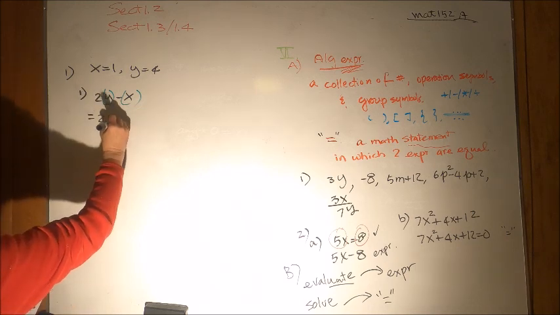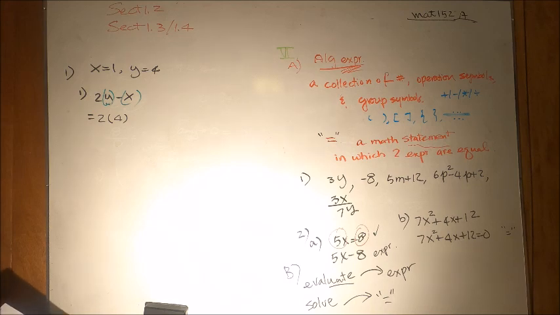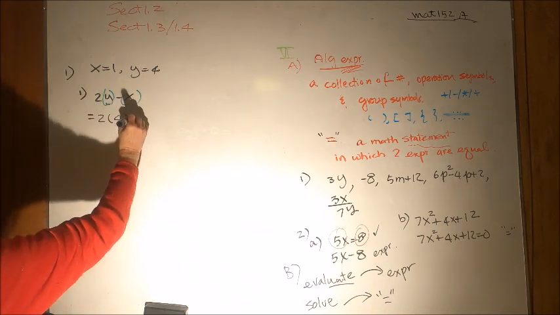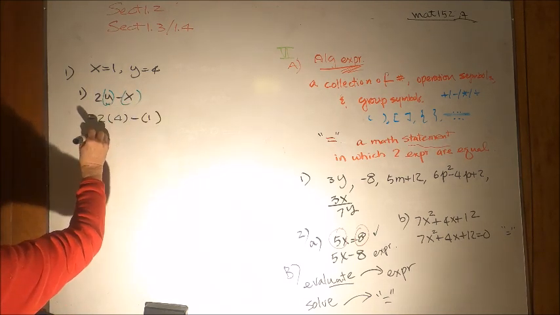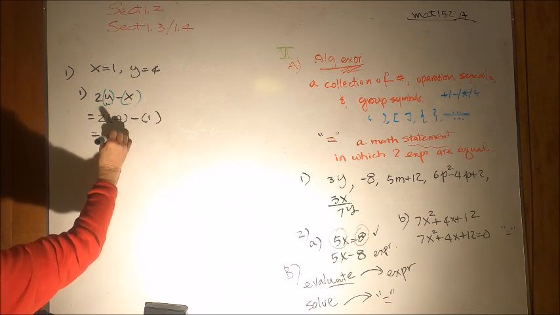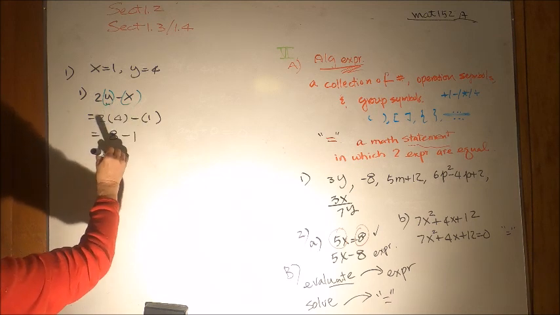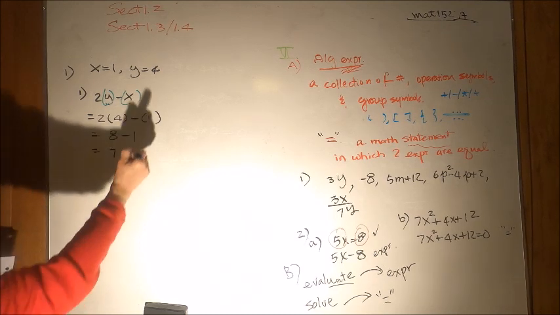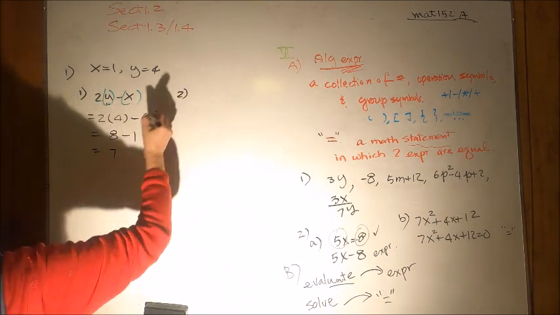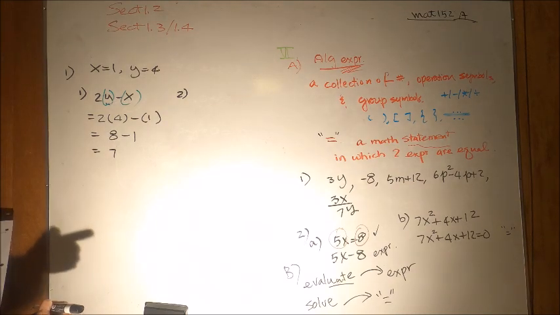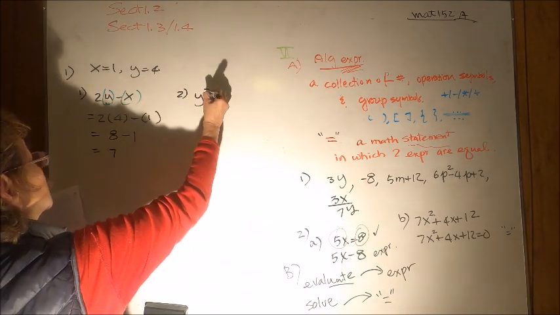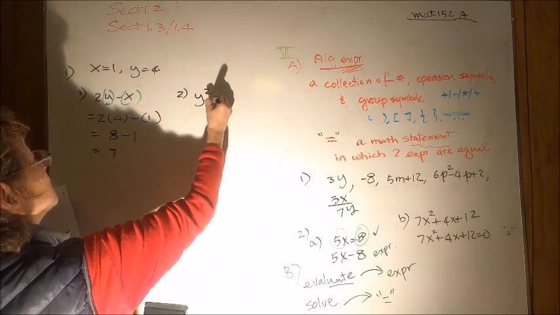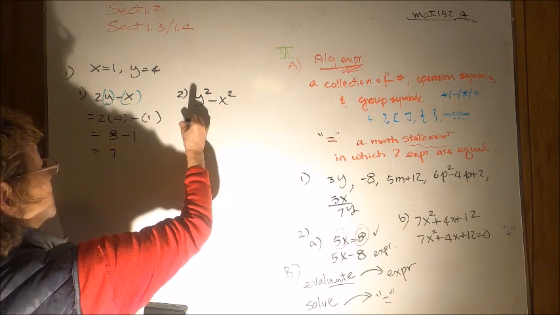So that would be: y is 4, you plug in 4 for y. X is 1, right? 2 times 4, minus 1, you have 7. Okay. Take a look at the second one. y squared minus x squared.